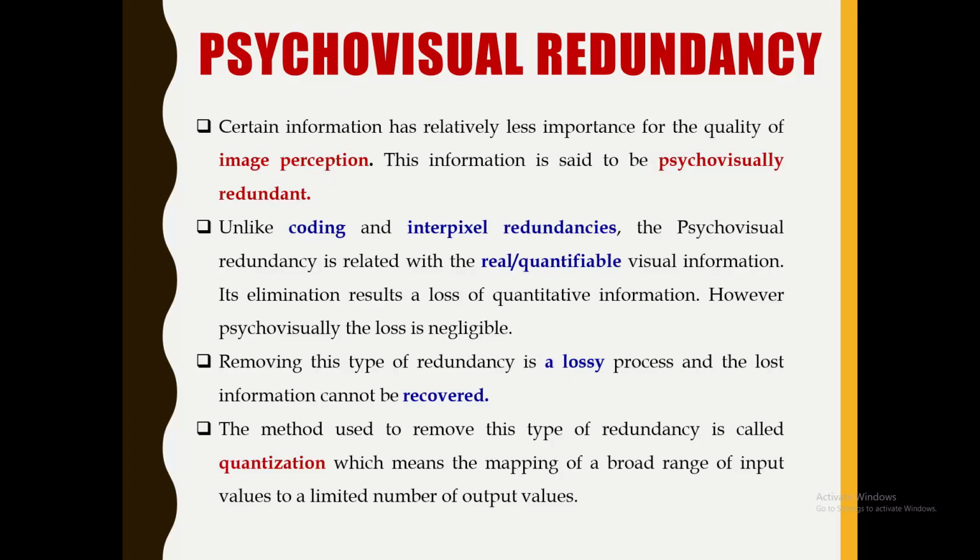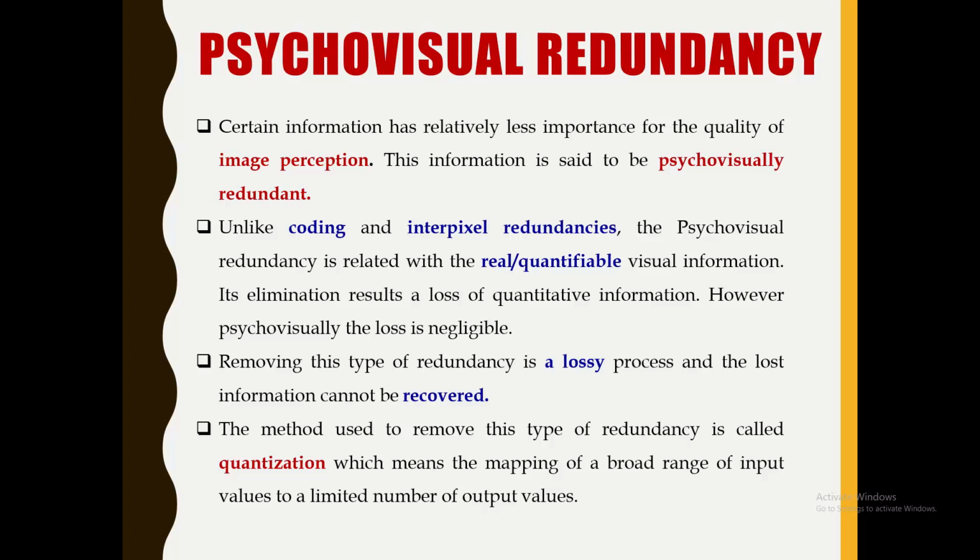Certain information has relatively less importance for the quality of image perception. This information is said to be psychovisual redundant. Unlike coding and interpixel redundancies, psychovisual redundancy is related to real quantifiable visual information. Its elimination results in a loss of quantitative information.